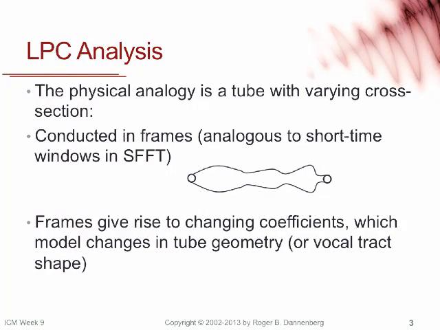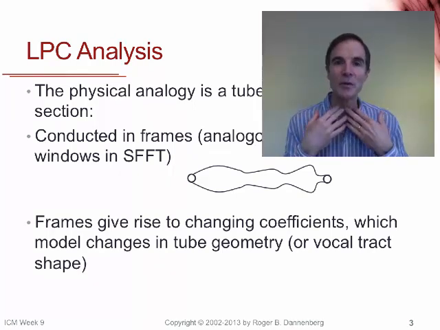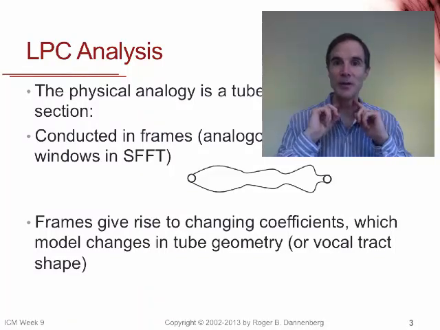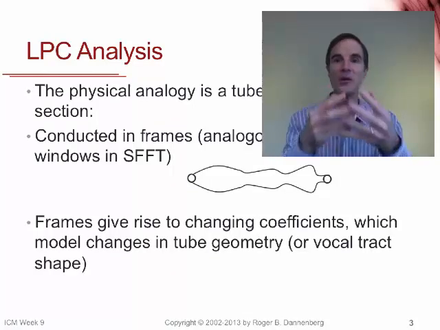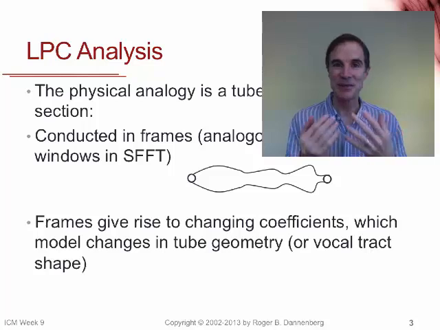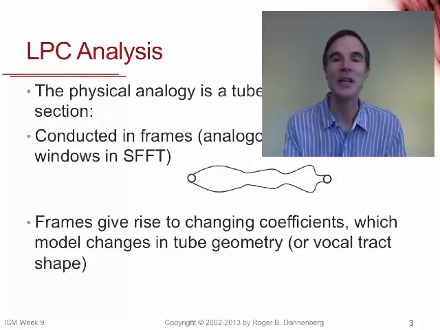There's a physical analogy to what LPC does, and that is a physical tube with a varying cross-section. Why is that important? Well, if you think about the vocal tract, here are vocal folds injecting pulses into a tube, which is your throat and your mouth and all the way to your mouth opening. It's not actually a simple tube, because sound comes through your nasal passages and your nose as well.